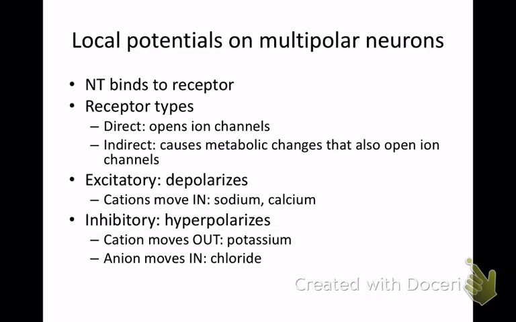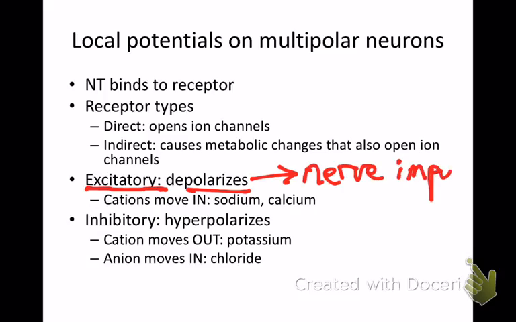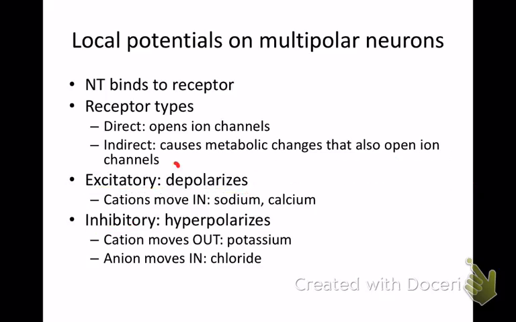Okay? All right, now the second part is it's either excitatory or it's inhibitory. This is important. Excitatory depolarizes, that gives you a nerve impulse. Can you figure out what inhibitory means? It means it's going to damp down on its likelihood of sending a nerve impulse. Okay? The terms here are important.